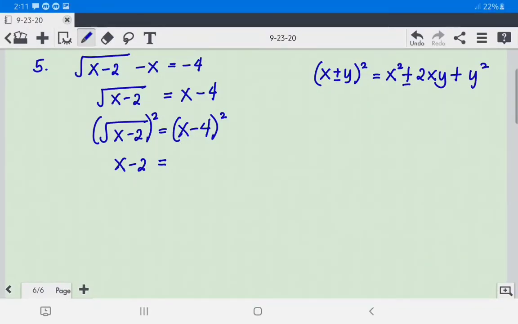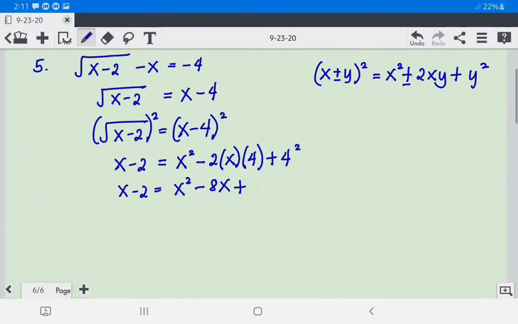So we have x squared, then minus 2 times x times the second term 4, then plus 4 squared. Then we have x minus 2 equals x squared, negative 2 times x times 4, we have negative 8x. Then plus 4 squared, we have 16.